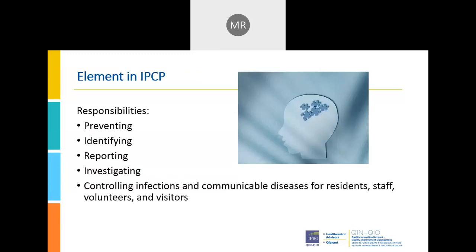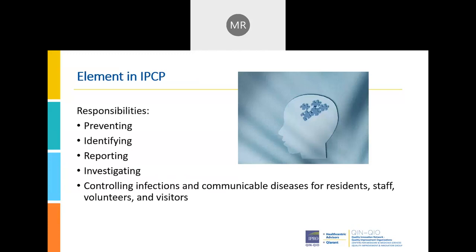So then I wanted to just bring forward some elements that you're responsible for as the infection preventionist, or if you're the administrator or the DON, the elements that need to be incorporated in your infection prevention and control plan. Now, these elements really do translate if you're working in an assisted living as well.